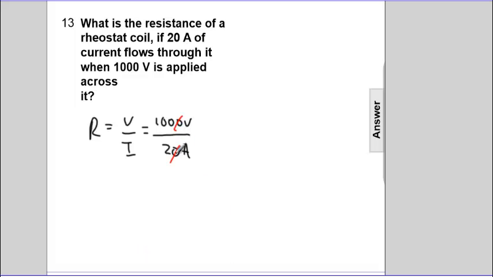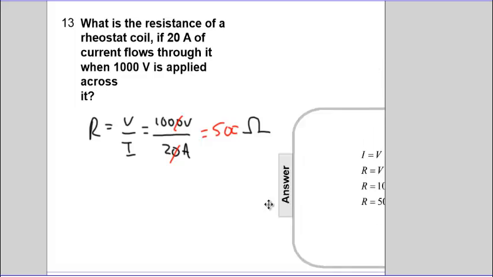Cancel the 0, cancel the 0. 100 divided by 2 or 500 ohms. Let's practice drawing that omega. Oh my. Flat line, go up over the top and then over. So you can see that omega is not listed in this problem. 500 ohms of resistance.